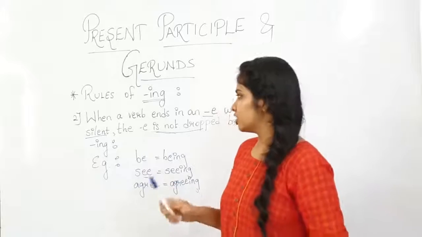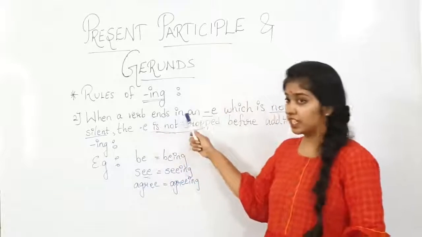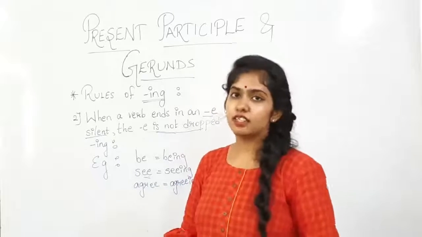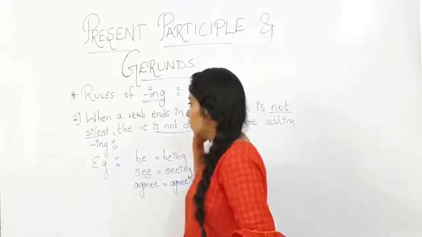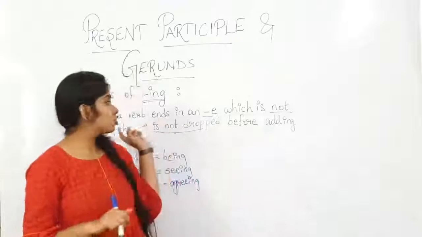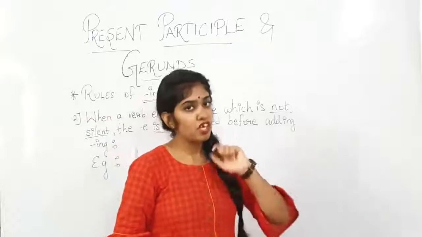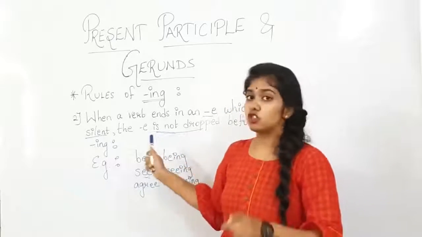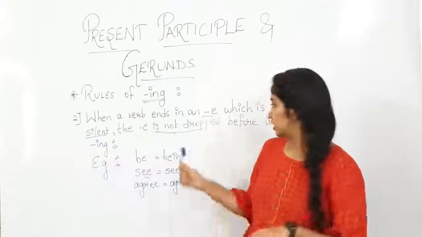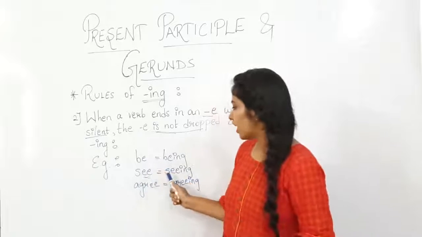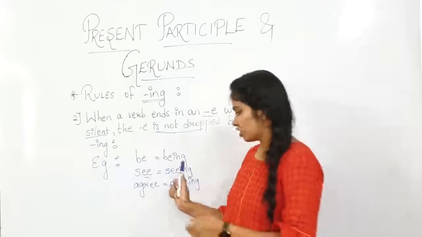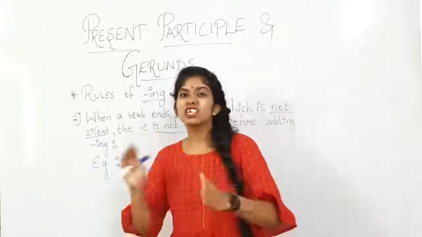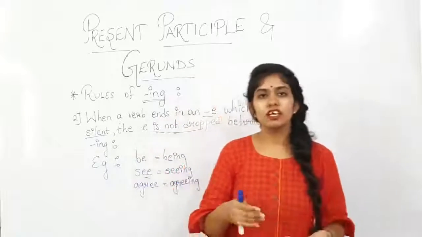But in the second rule, when a verb ends in an E, means whatever action word ends with E, but the sound of the E is not silent, we are pronouncing the sound of the E, then E is not dropped, and you will directly add ing to that word. Beta, don't be confused in these two rules, okay?